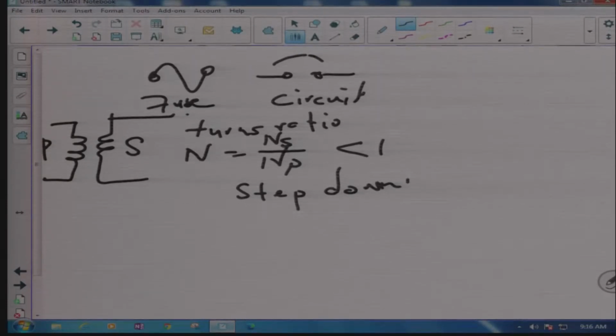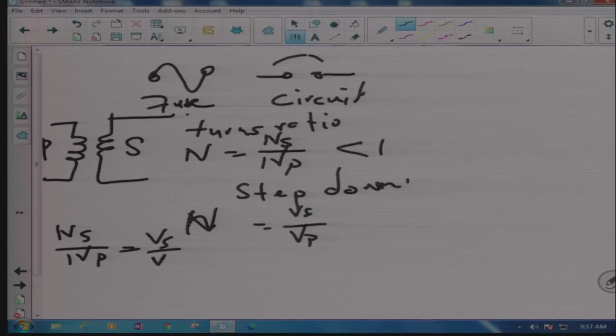Now, another formula for N is this one. N is equal to Vs divided by Vp. What is Vs? It's the secondary voltage. What is Vp? It's the primary voltage. Since N is equal to Ns, which is the secondary number of turns, over Np, the primary number of turns, both are equal to N. We can say Ns over Np must be equal to Vs over Vp.